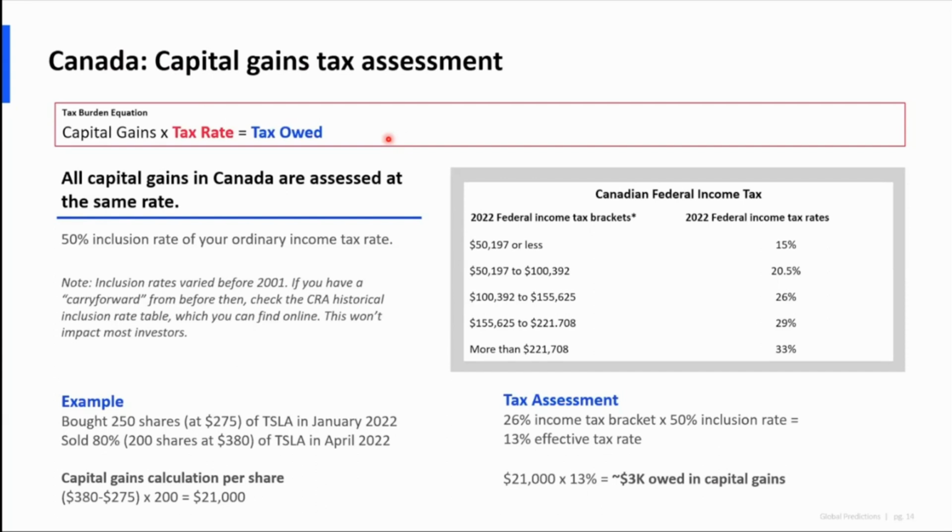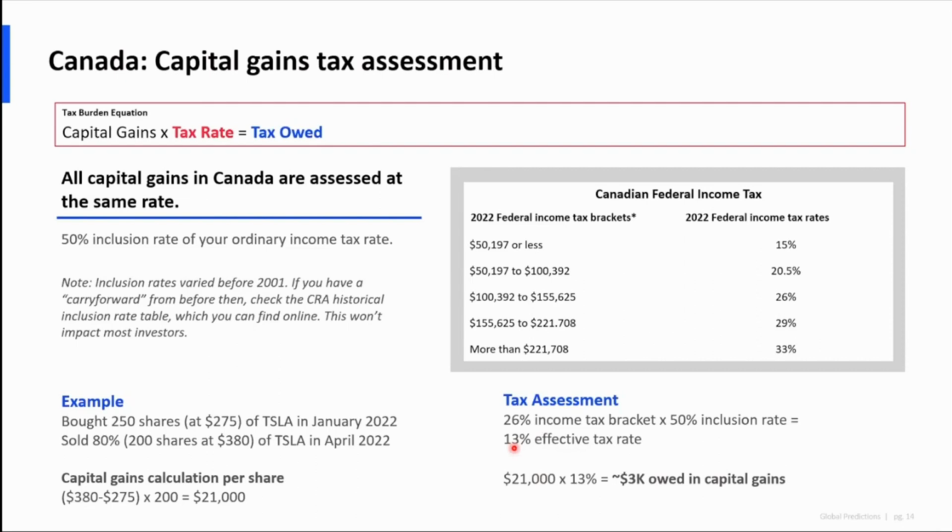Again, I'm an American, so you guys probably know this better than me, but the way that capital gains work is just a 50% inclusion rate. So if you're in this middle bucket here, making 100K to 155K a year of ordinary income, and your rate is 26%, then your effective rate, or your marginal rate on capital gains, is 13%.